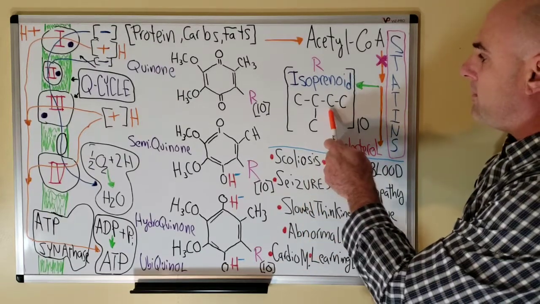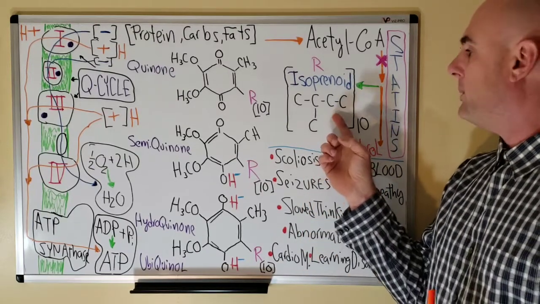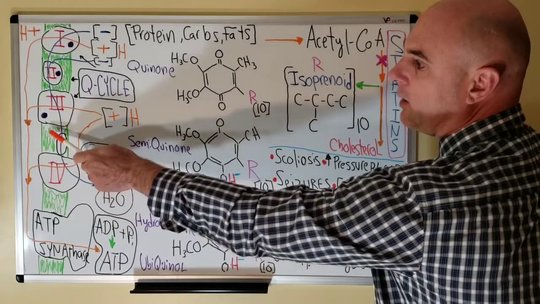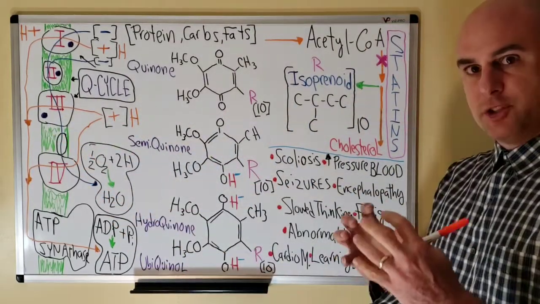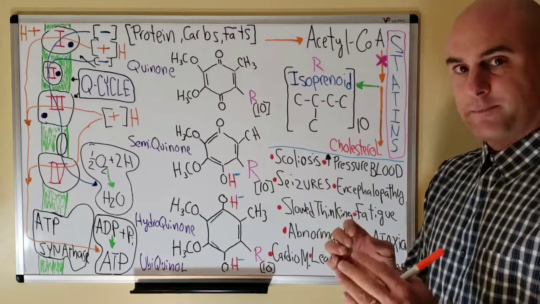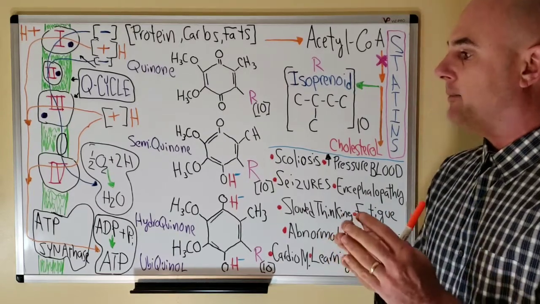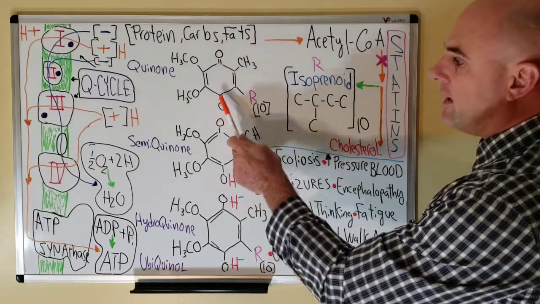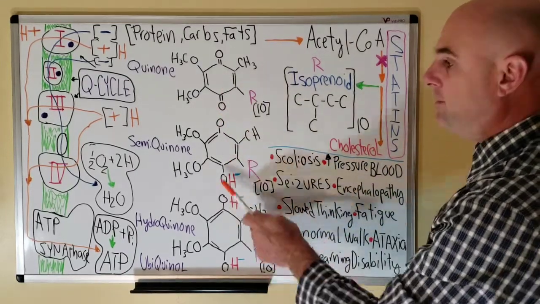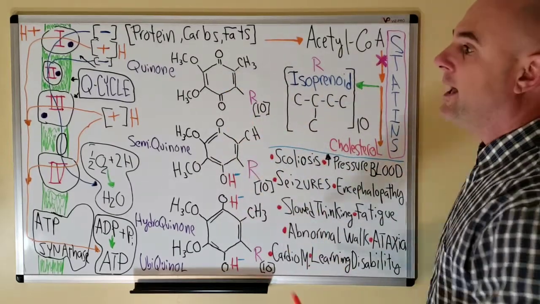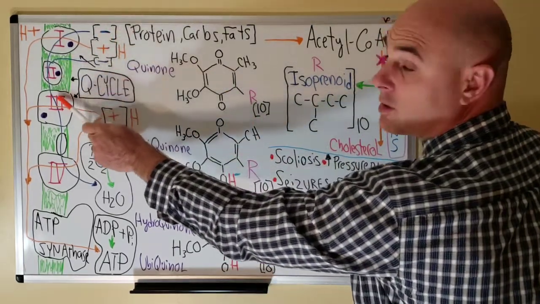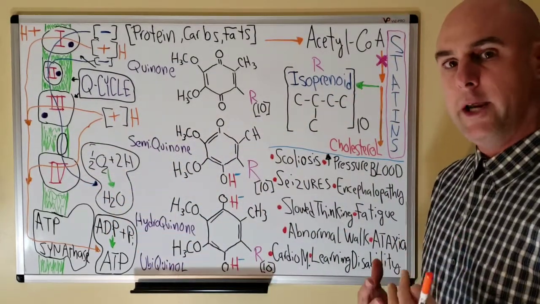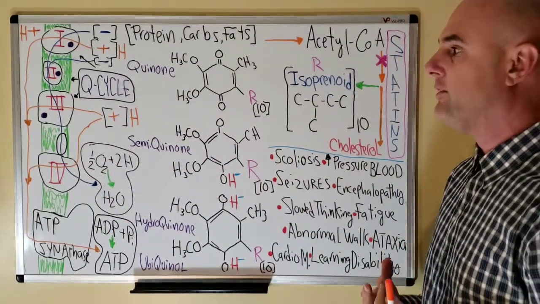Now, this I would imagine is hydrophobic, so it's going to allow the CoQ10 to insert itself in this hydrophobic membrane. But anyways, it's the ability of this CoQ10 to vary between these 3 different structures that helps move these electrons down this membrane to help create that gradient that's needed for us to produce ATP.